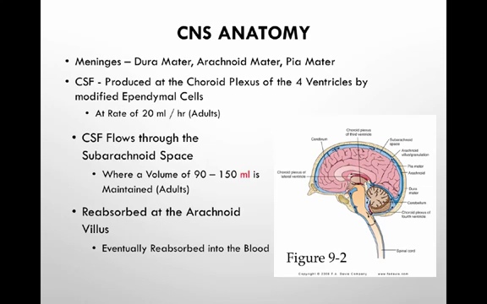The cerebrospinal fluid in adults is produced at about a rate of 20 milliliters per hour. So it's flowing through the subarachnoid spaces, and the approximate volume in an adult is about 90 to 150 milliliters.